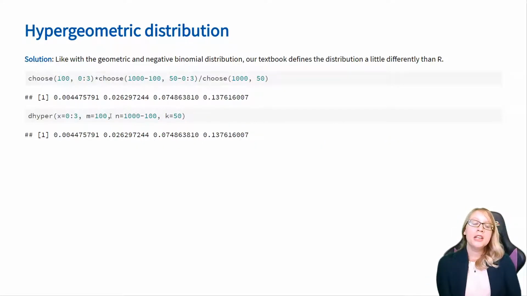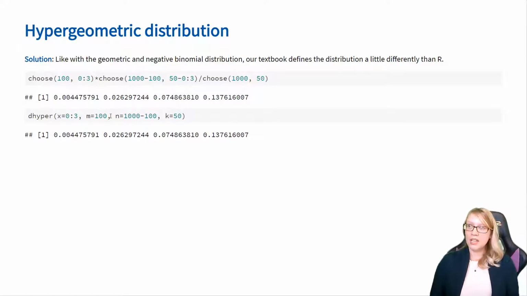Now, like the geometric distribution and the negative binomial distribution, the way that our textbook defines things is a little bit different than the way that R defines things. What you're seeing here, I've actually taken advantage of vector notation in R to calculate multiple probabilities at once. It turns out that in most R functions, you can feed in a vector or a list of values, and R will carry out the calculation for every member of that list.